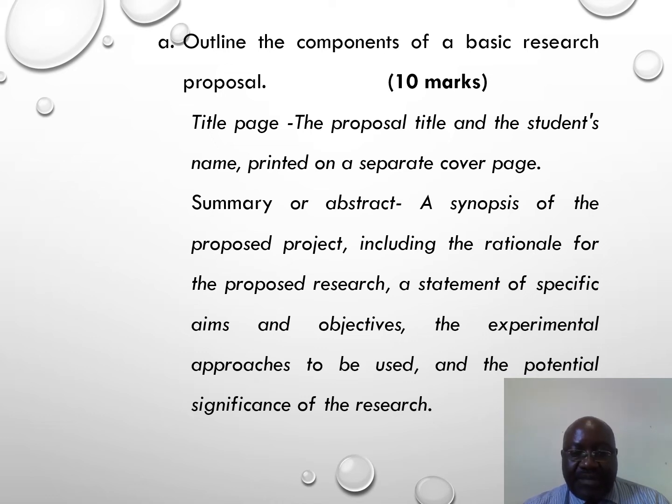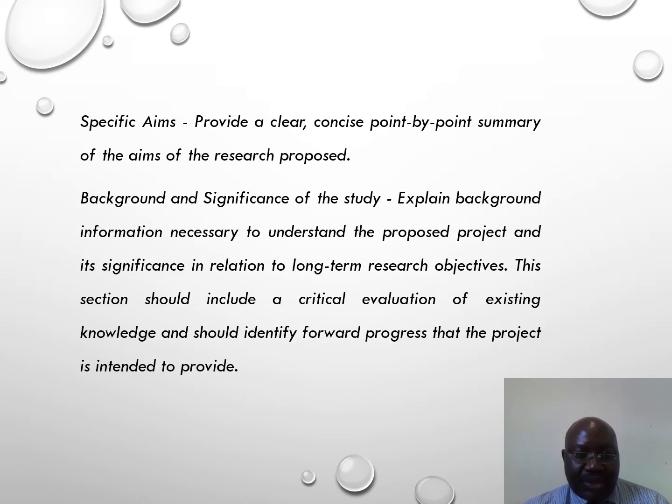We have a summary or an abstract, a synopsis of the proposed project, including the rationale, proposed research, a statement of specific aims and objectives, the experimental approaches, and the potential significance of the research. That is what we are going to have at that level, but we continue.